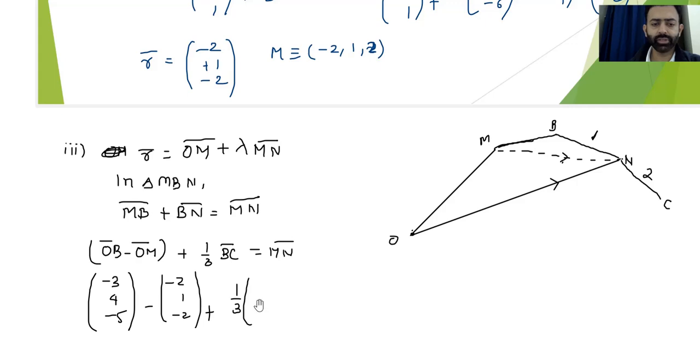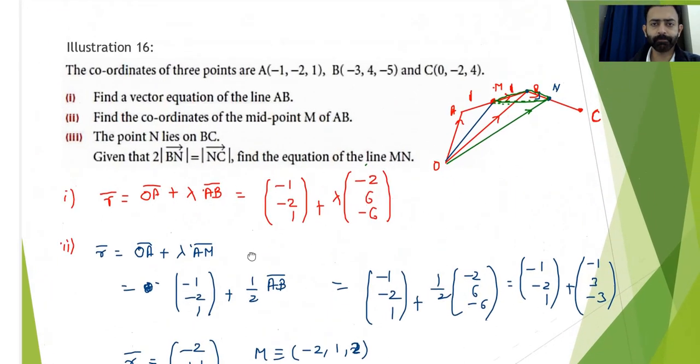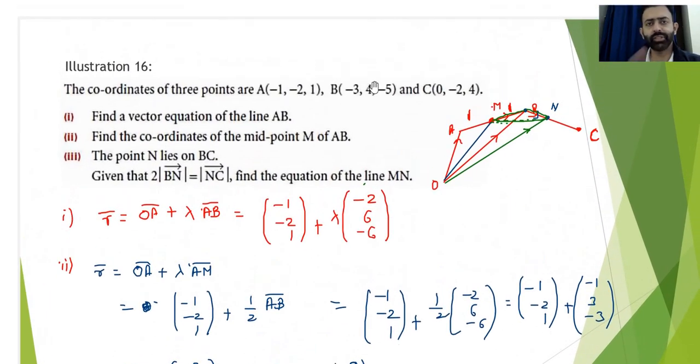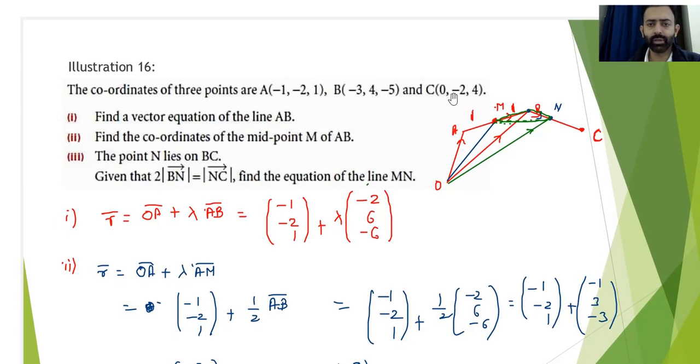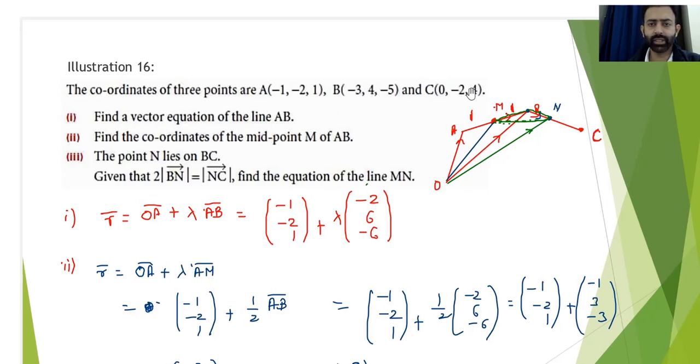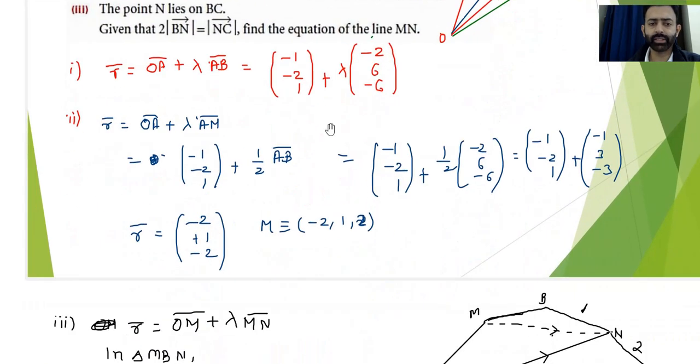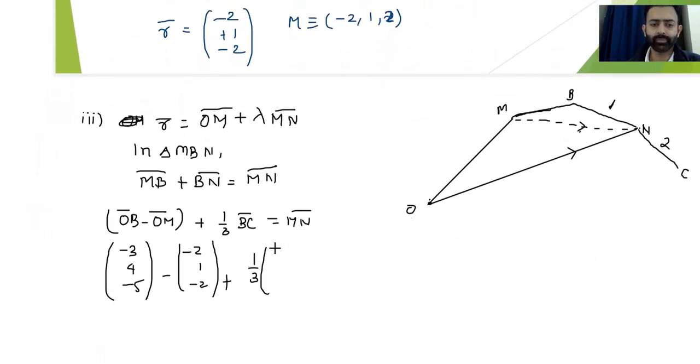So BC vector is OC minus OB. OC minus OB means from C I have to subtract vector B. So 0 minus -3 is +3. This is -6 and this is 9. Right, 3, -6 and 9.